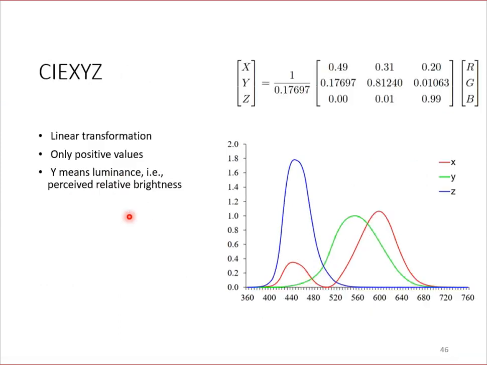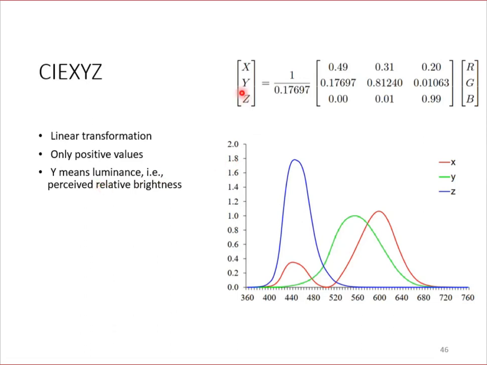Okay. So when we take the CIE-XYZ color space, then all of the numbers become positive. And also we can draw the equivalence functions again. And here, the Y has a special meaning. It is very close to luminance. It means the brightness.